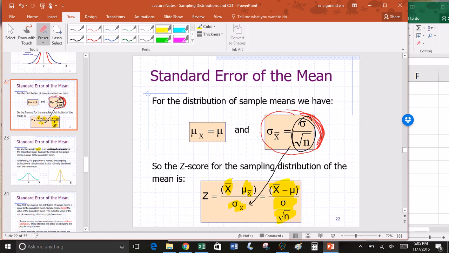If you have every possible sample mean, they will average out to the exact value of the population mean. So this is why we're saying that the statistic of the mean is unbiased because the sample mean targets the population mean. The standard deviation, we'll see in a little bit, does not.